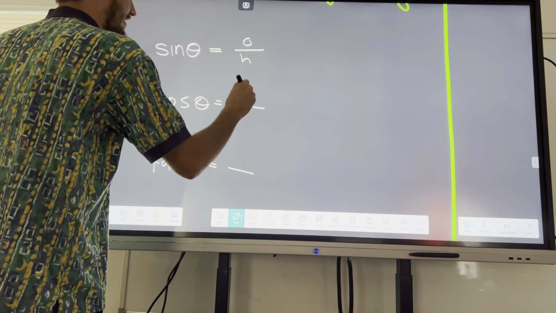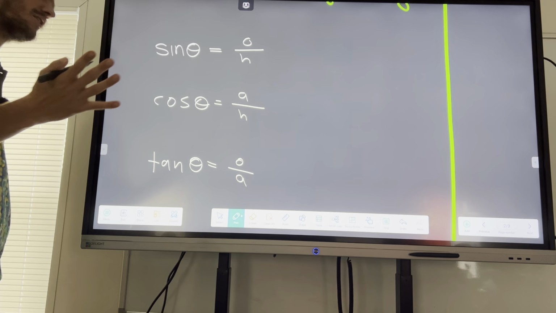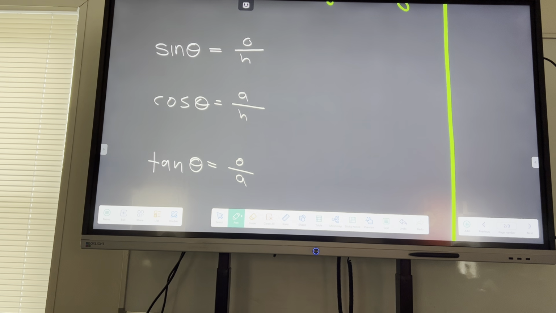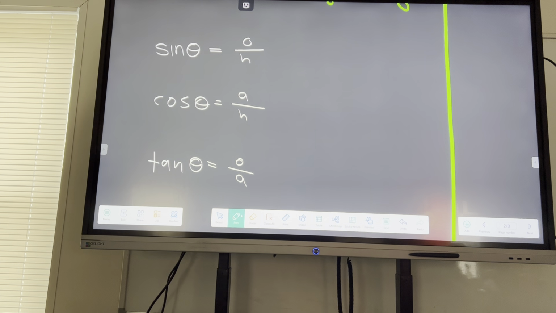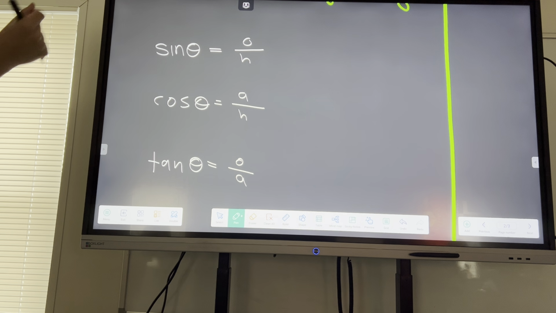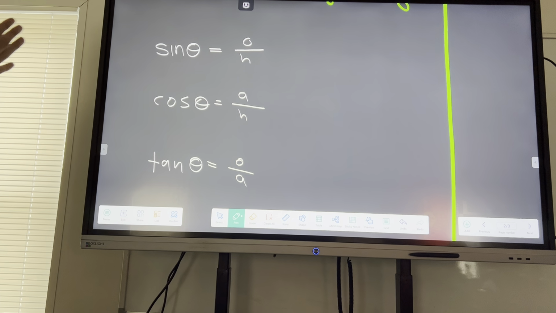O over H, A over H, O over A. And I know, Mr. Carl, we just wrote this down. What we didn't write down up there is the shortened 3-letter abbreviation for these, because nobody wants to write out cosecant. So surely there's some sort of abbreviation. Does anybody want to guess any of the abbreviations for cosecant, cotangent, cosine, cosecant, regular secant?